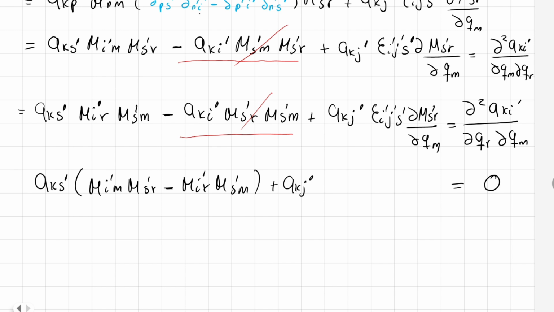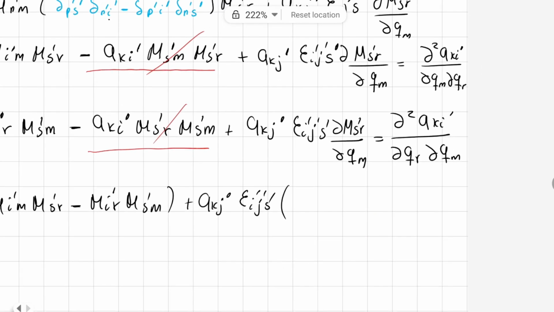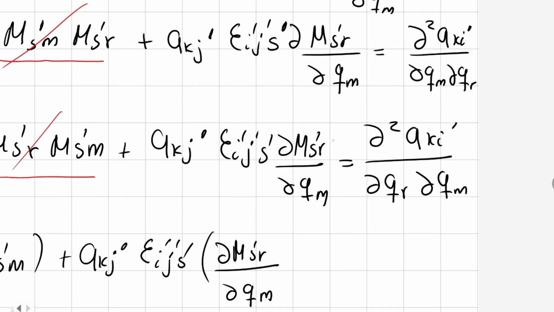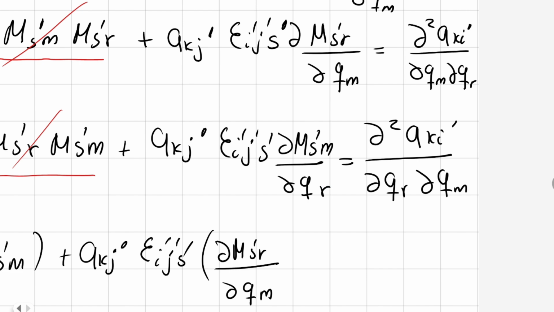Actually, we can also take the Levi-Civita as a common factor to get this, and then this is going to multiply the partial of M S R with respect to Q M. And as you can see, I made a mistake here because I forgot to switch the R for the M. So this is the correct result.